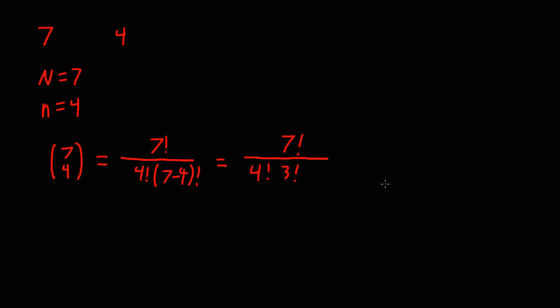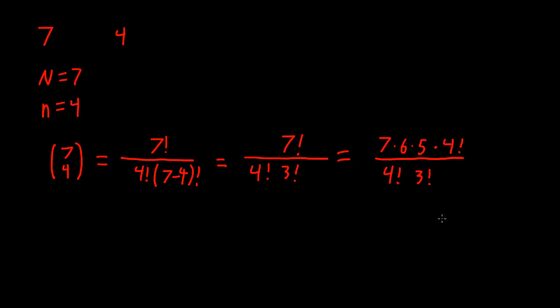Now we could go through and do all these multiplications, 7 times 6 times 5 all the way down to 1 for the top, and the same for the bottom. But we have a cheating way to do this. Instead of writing 7 factorial, we're going to write 7 times 6 times 5 times 4 factorial, divided by 4 factorial times 3 factorial.